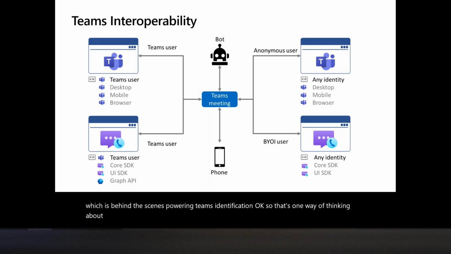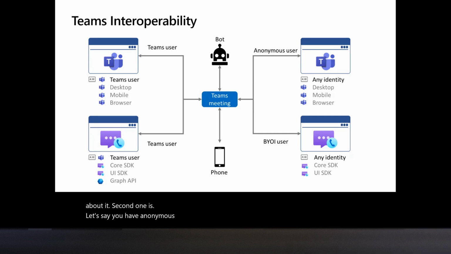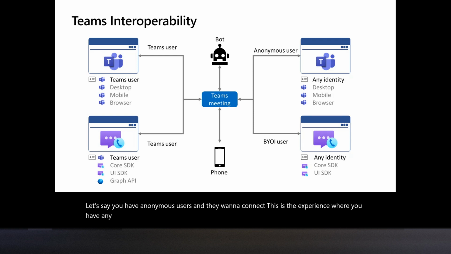The second one is, let's say you have anonymous users and they want to connect. This is the experience where you have an e-commerce website or some sort of application. Let's say the e-commerce user submitted an order and is having some issues. He wants to talk to a customer service rep.